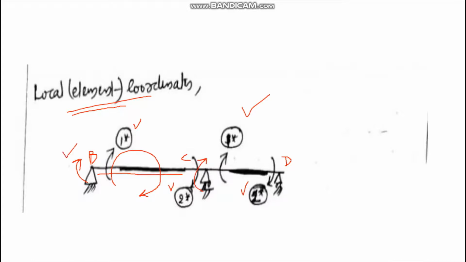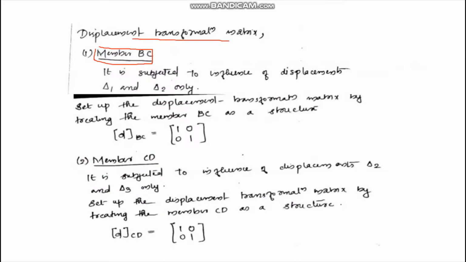Due to the effect of coordinate 1, it will have an effect on 1 star, since it is the nearest one, and it will not have an effect on 2 star, and vice versa in the case of coordinate 2. So due to coordinate 1, the effect on 1 star will be 1 and on 2 star will be 0, and while considering coordinate 2, the effect on 1 star will be 0 since it is far, and on 2 star will be 1. Similarly, we can find the displacement transformation matrix of the member CD.